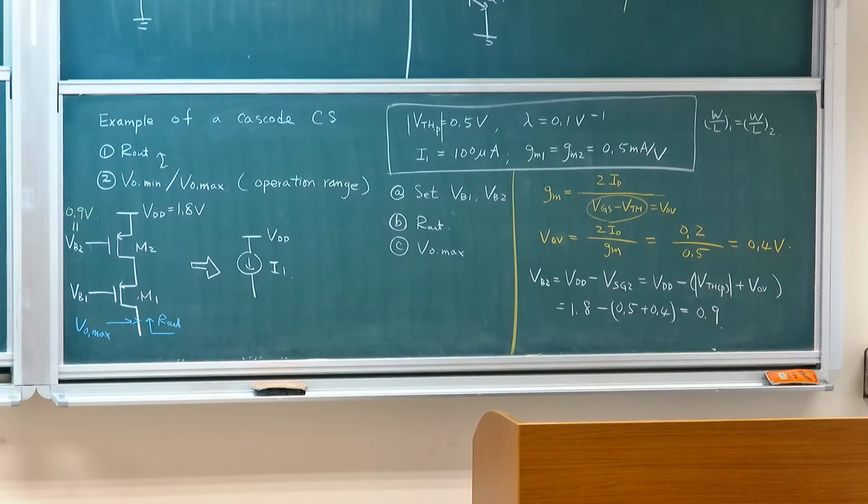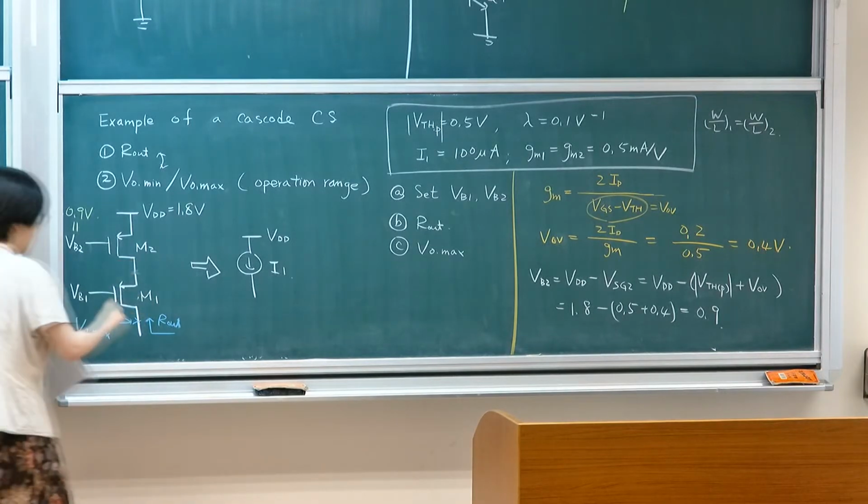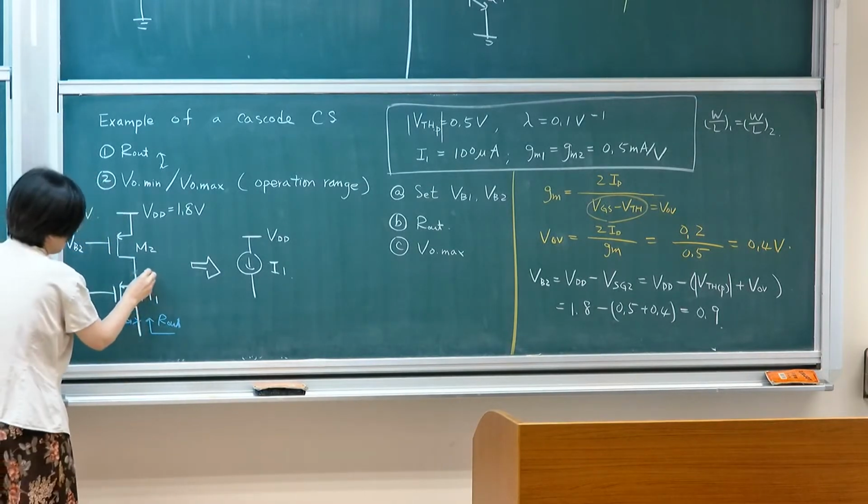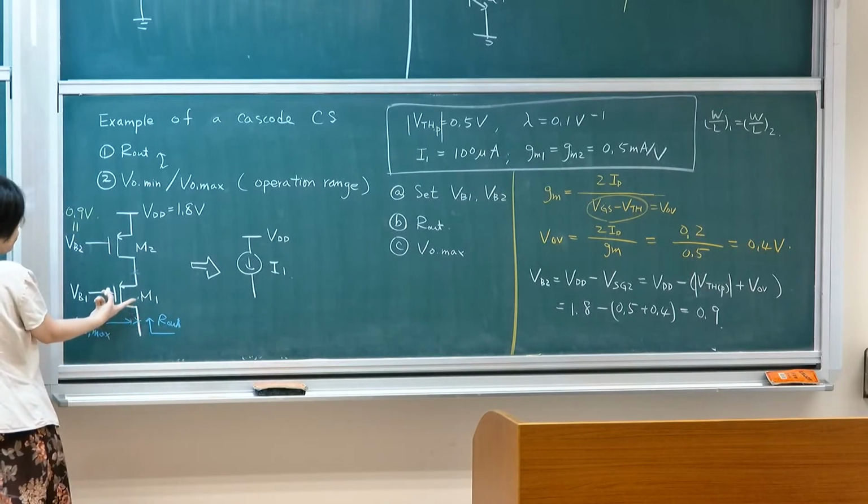So how does one determine this voltage, VB1? This one is already known, but because the drain voltage at this node is undetermined, it's set by whatever you want. So typically you want to set this point to the highest level so that this can be moved to the highest level.